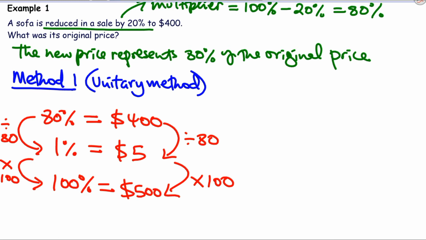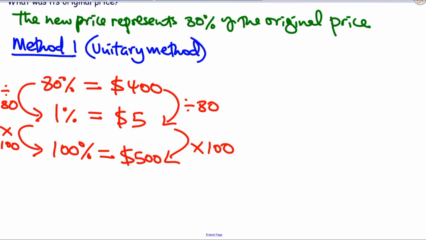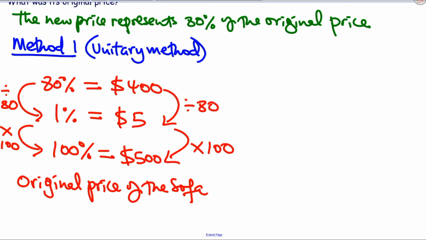So what this means is that the original price of the sofa was $500. So that is method one. We call it the unitary method.